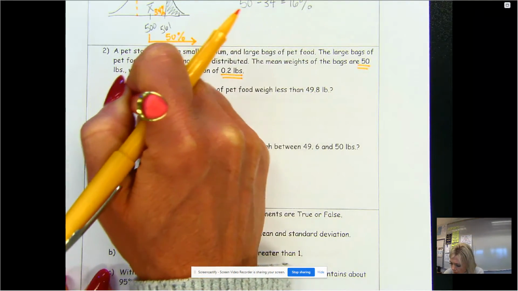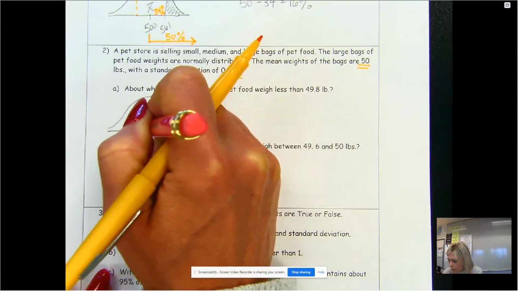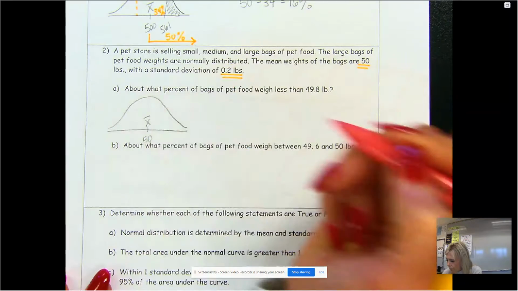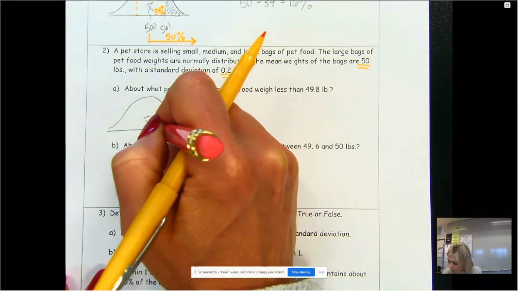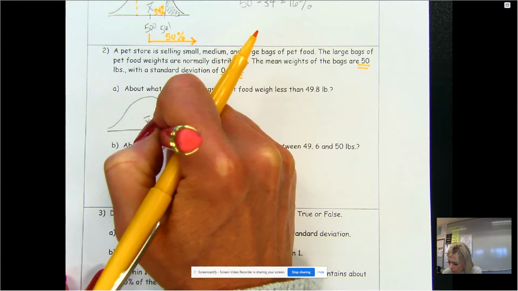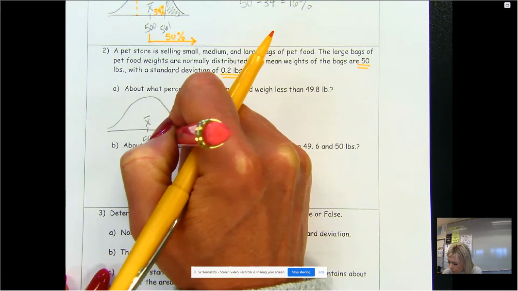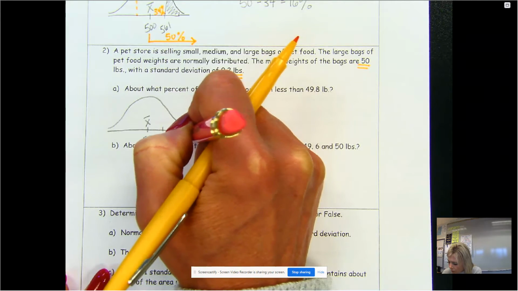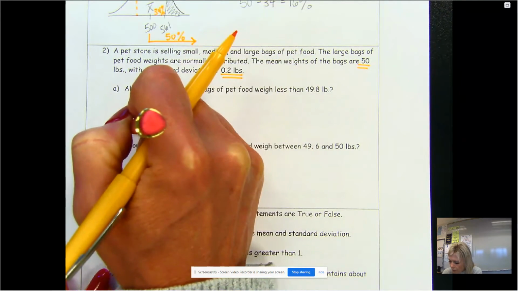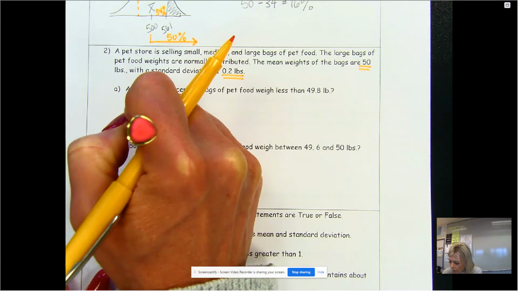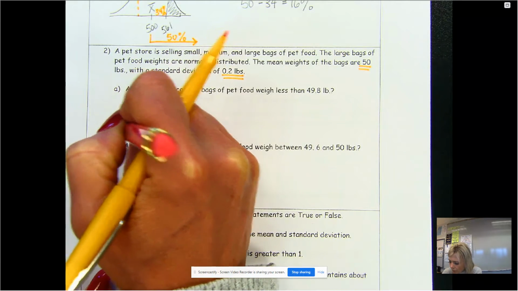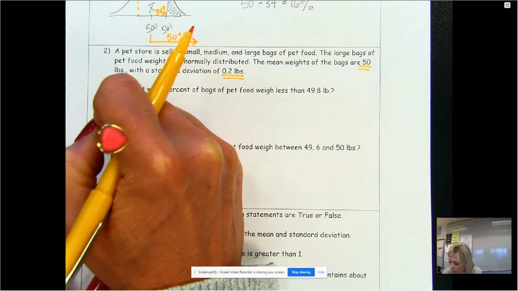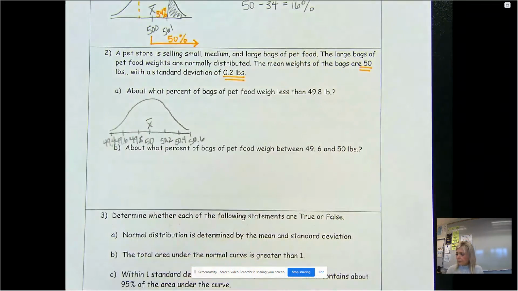Number line, our normal looking curve, the mean of 50 in the middle, and then 3 standard deviations on both sides. So this would be 50.2, 50.4, and 50.6. Going backwards, 49.8, 49.6, and 49.4.